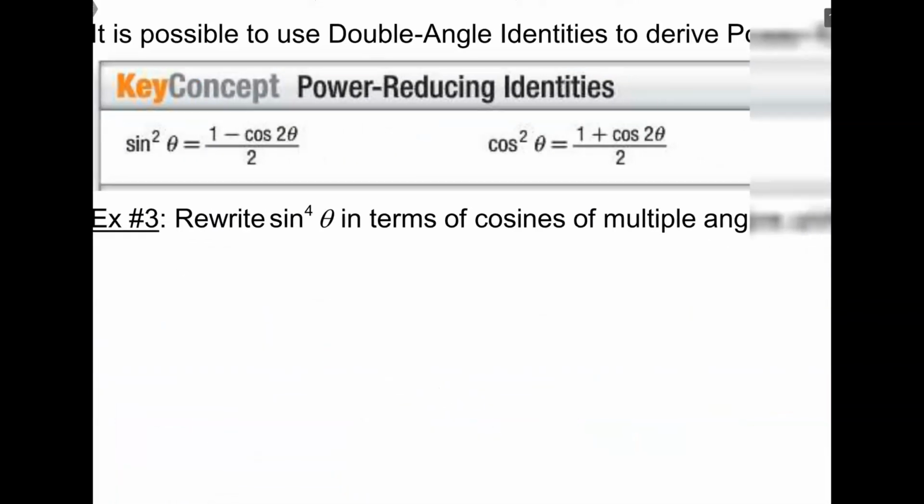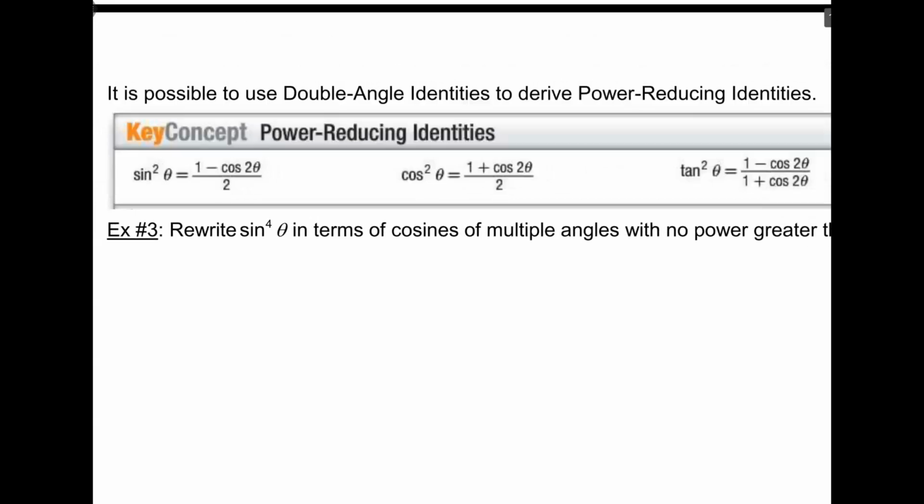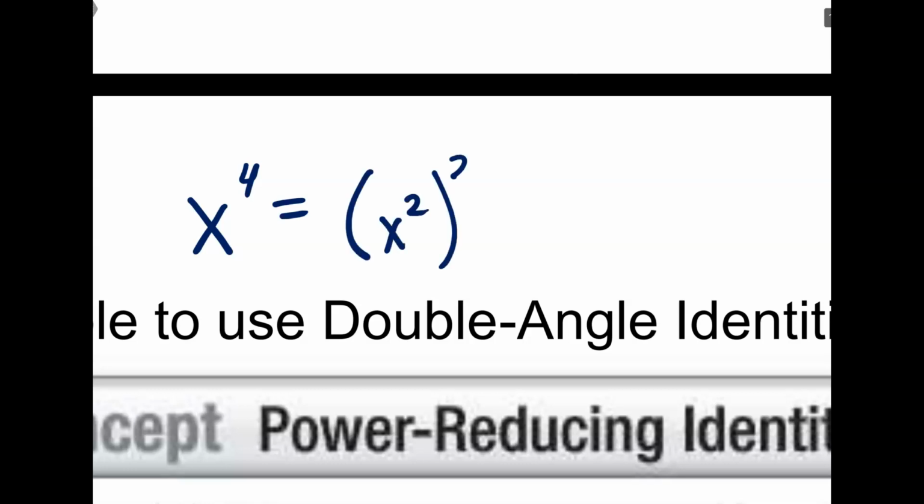Okay, and then the cosine one. Literally, if you're trying to reduce the powers, it's useful if you have squares. What if you have something like to the 4th power? I could use a power reducing identity. Let me cheat for a second. X to the 4th is the same thing as x squared to the 2nd power, because when you have an exponent to an exponent, you multiply.